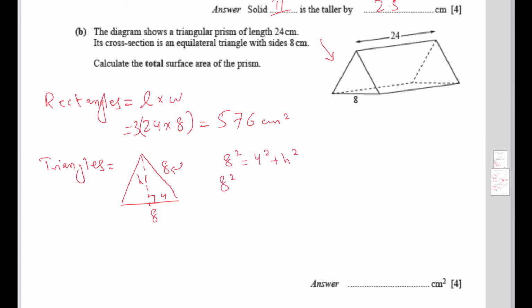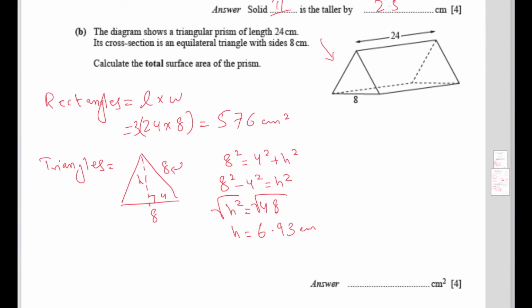So 8 squared minus 4 squared is equal to h squared. 8 squared is 64, 64 minus 4 squared, which is 16, gives 48. The square root of 48 is 6.93 centimeters. That's not the final answer.